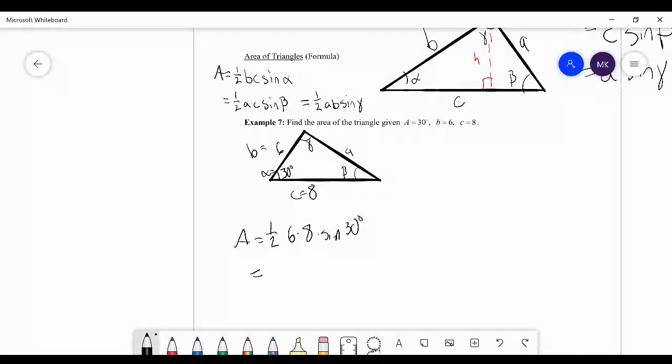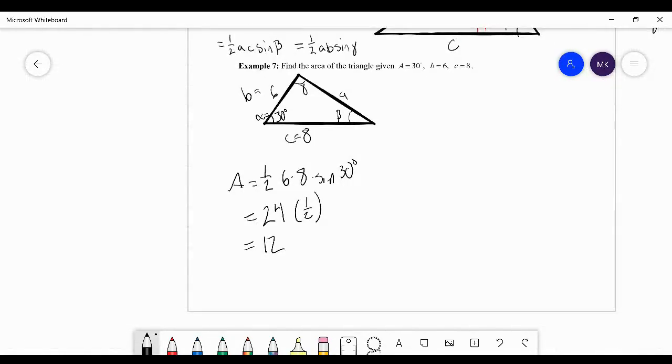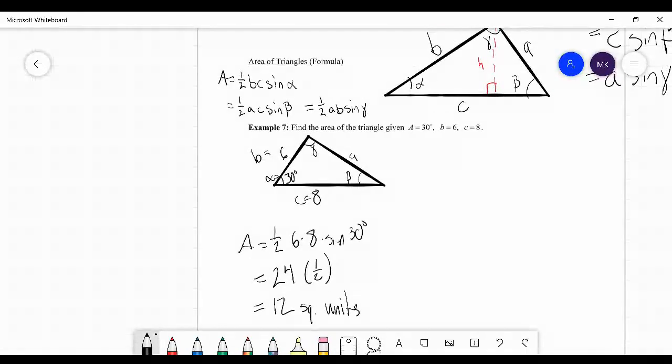That's just 1/2. So 1/2 times 6 times 8 gives us 24, times sine of 30, that special one, 1/2. That means the area is 12. And then, to be extra fancy mathematicians, 12 square units.